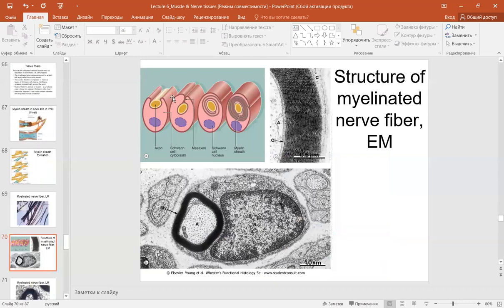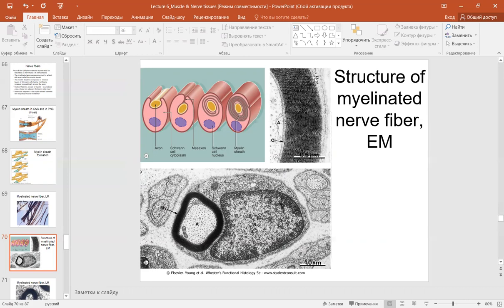Here is the mode of formation of the myelin sheath. This is formation of the mesaxon, duplication of the plasma membrane of the neurolemmocyte, thinning of the neurolemmocyte process surrounding several times the axon. And here the complete myelin sheath is depicted on the electron microscopic level, electron dense.